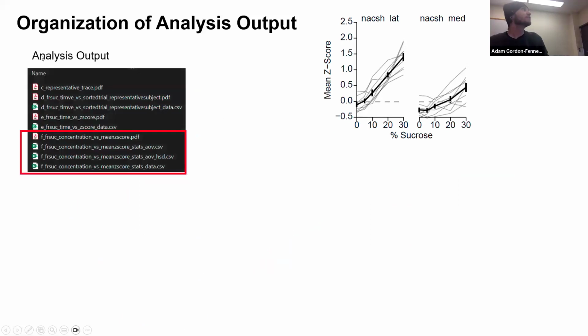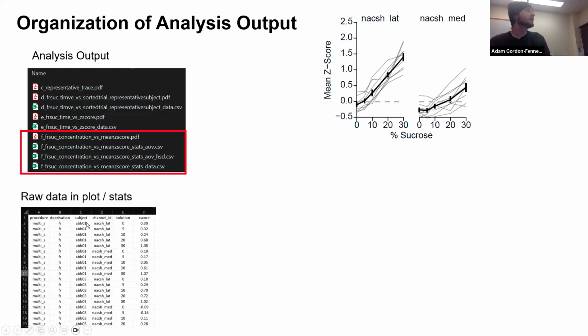I always recommend that within your output folder, you have your final drafts of your figures. Always save them with the exact same string, the data used to produce them. So here is what we have published in the supplemental for our paper. We have this file name, which corresponds to this figure, and alongside it, we have the stats data, and this is the exact data that was used to generate this plot.